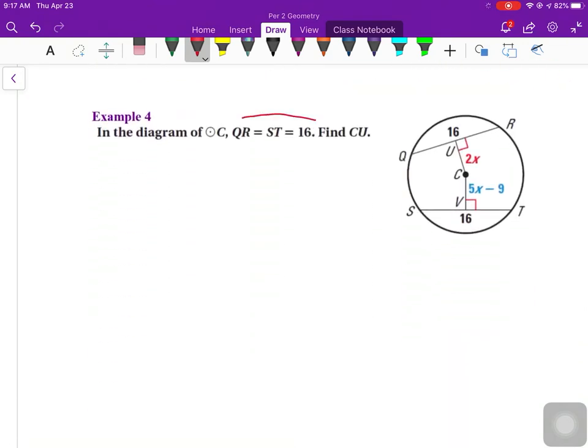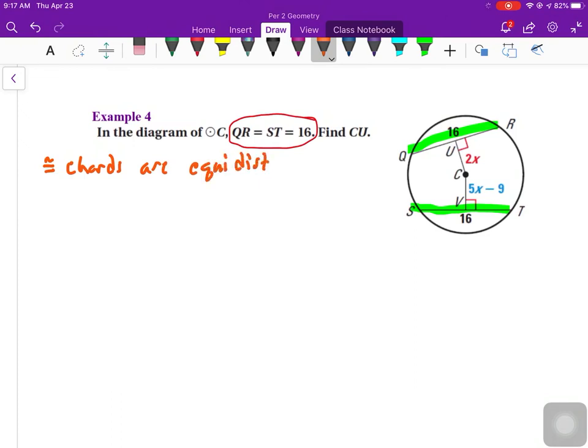So in this diagram, they tell us QR is equal to ST. So the chords are congruent. If the chords are congruent, then they're equidistant from the center.